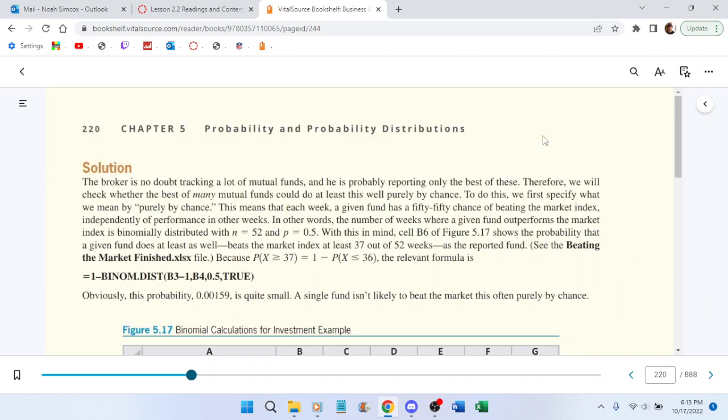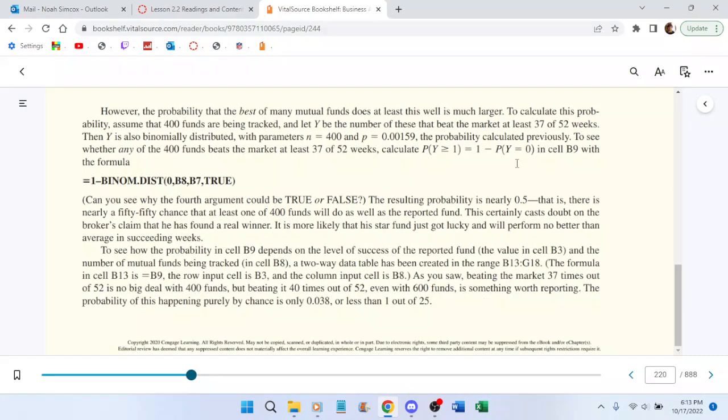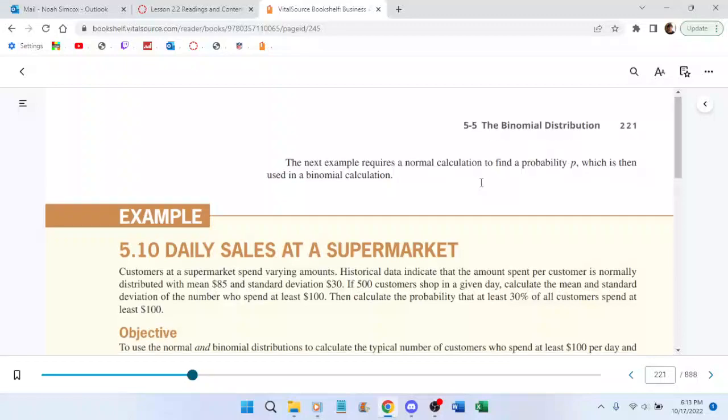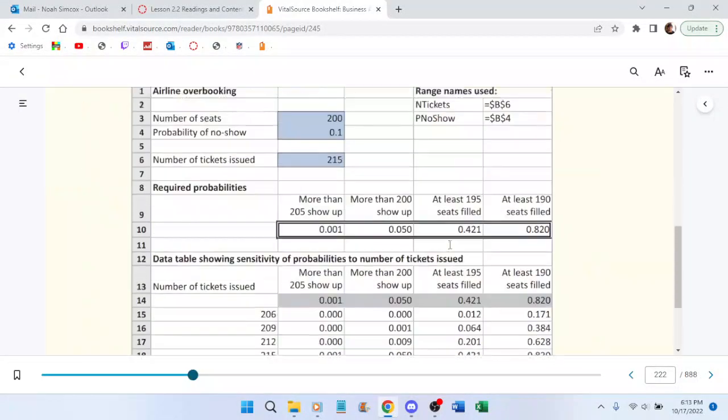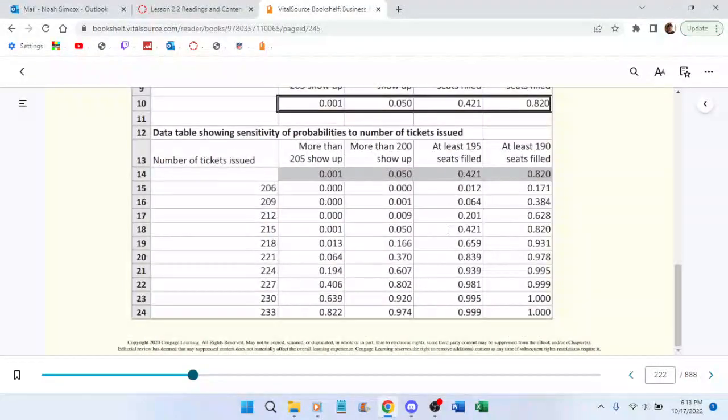Okay, now they were going to do some example problems. So anyways, let's skip all the example problems and hope that it's not going to be on the quiz.